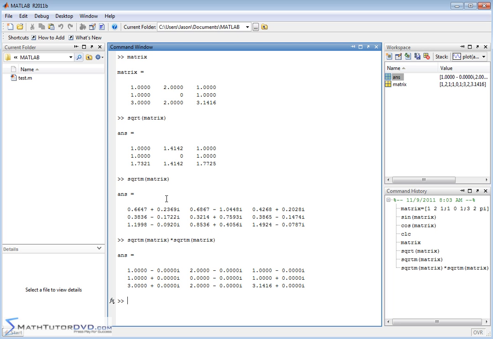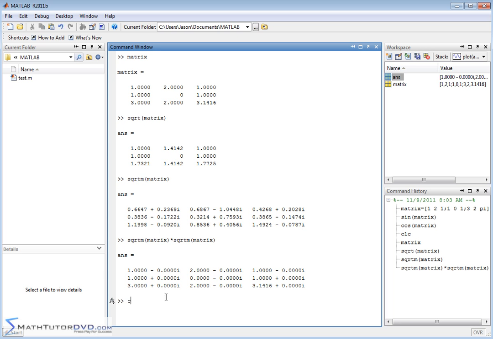And that's why I say this is the true mathematical definition of the matrix square root. When you get an answer, you should be able to multiply this matrix by itself in the true matrix multiplicative way and get the original matrix back. So that's why there's 2 functions here. This one's just element by element. This one's the real definition, so that if you multiply it by itself, you get the original guy back.